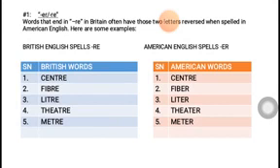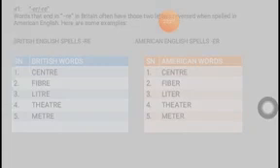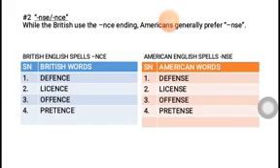Number 1, the British will spell the ending of words with RE, Americans will spell it with ER. The British will spell the end of words with NCE, but the Americans will spell it NSE.